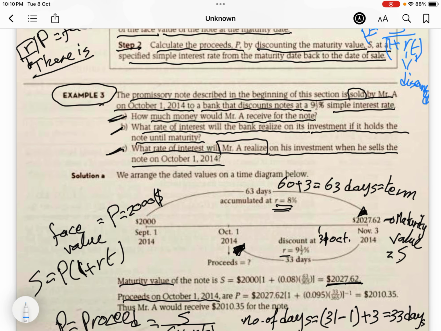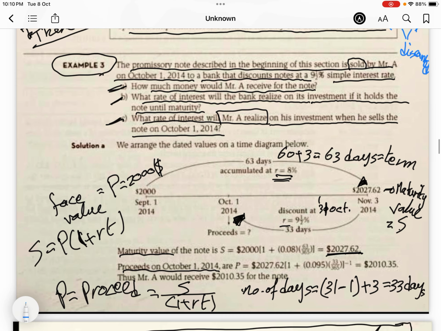First of all, since we have an interest rate, the face value will be 2000. We have 60 days in the graph here, then add 3 days of grace, because it is the Canadian procedure.